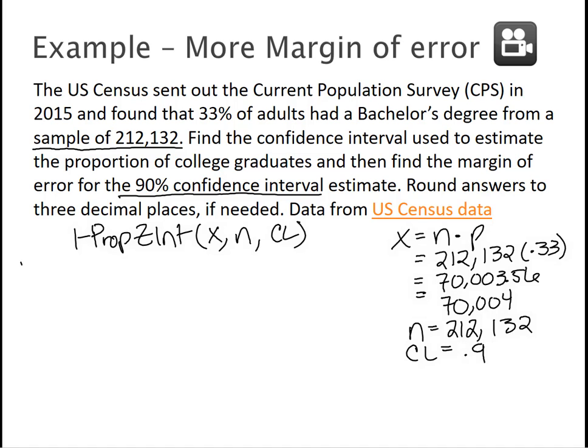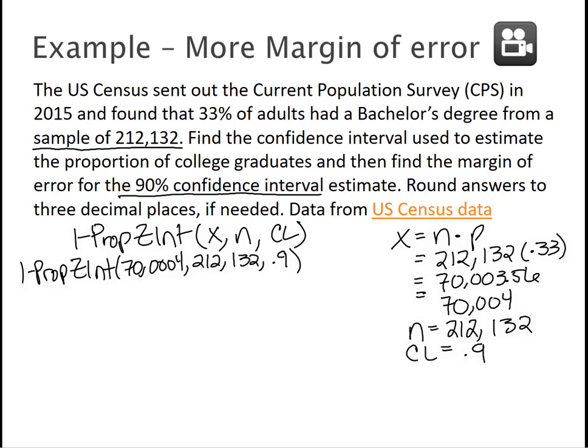So then I go 1 prop Z interval, and then 70,004, 212,132, and then 0.9 in my calculator.